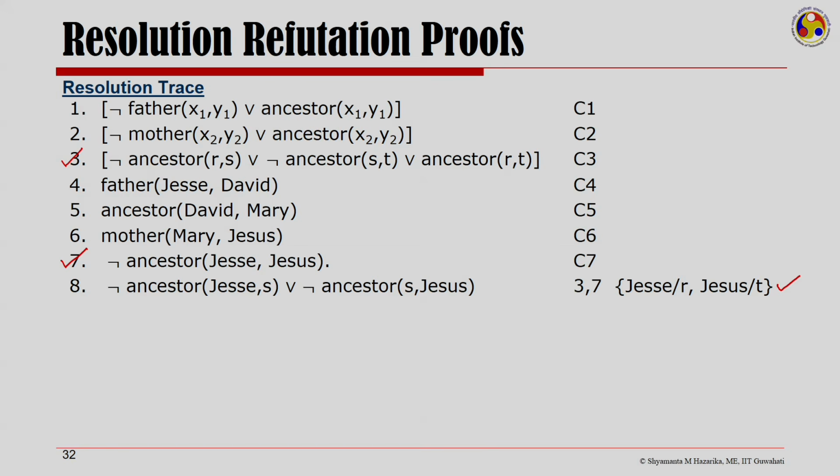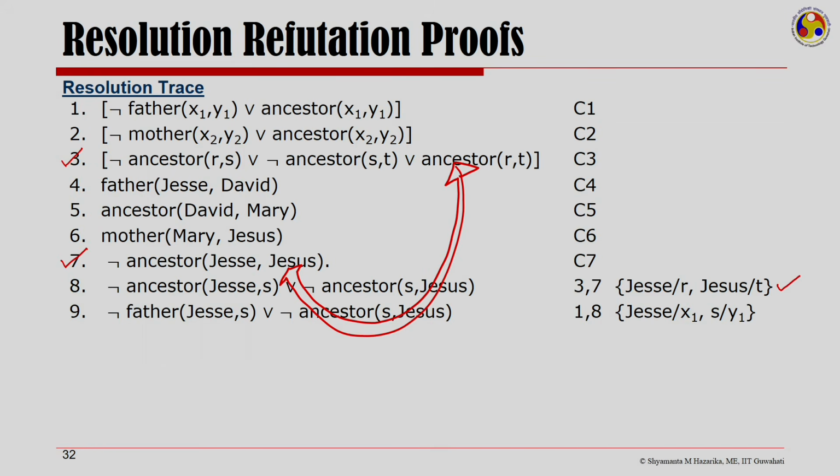So, that leads to having Jesse comma S here from this first literal and S comma Jesus from here, and this and this are the complementary literal pairs that will go away.